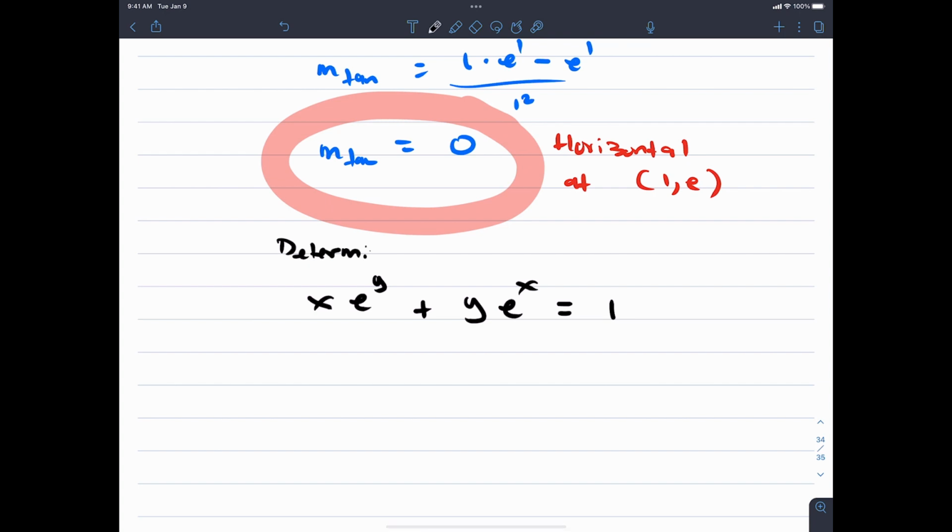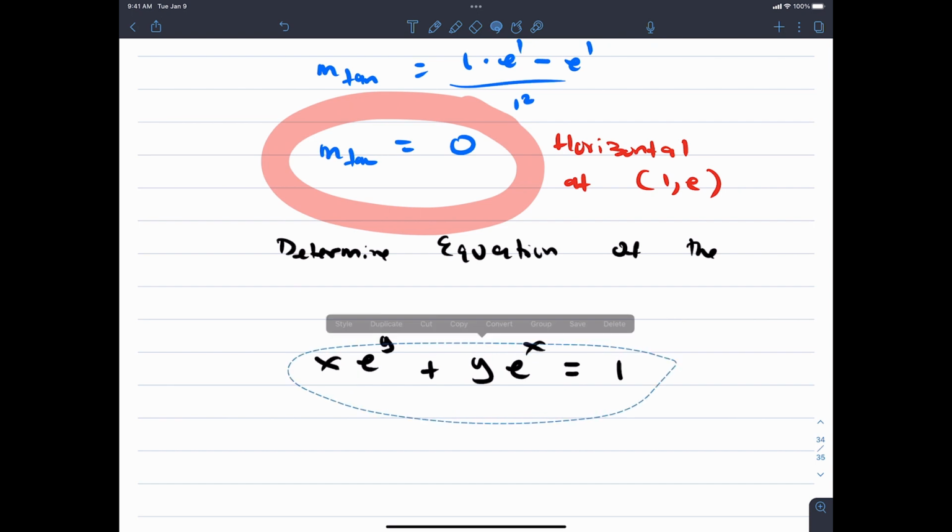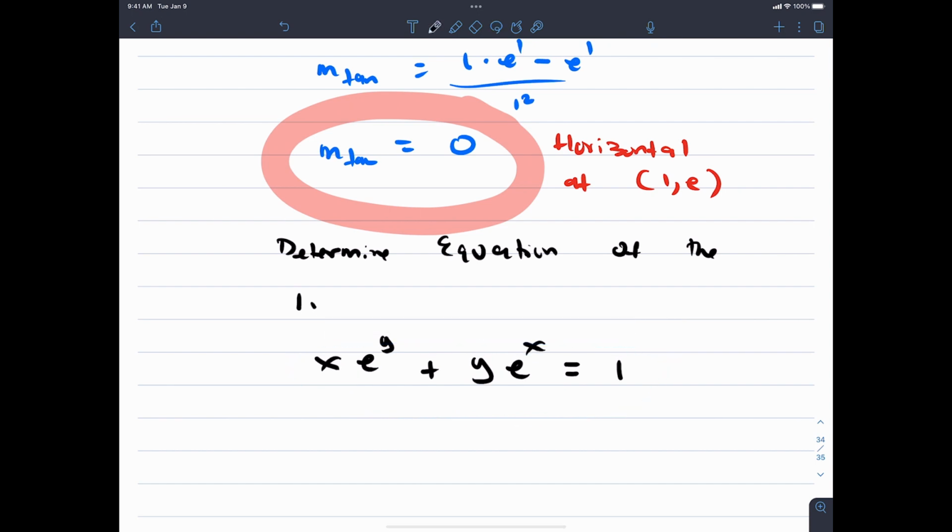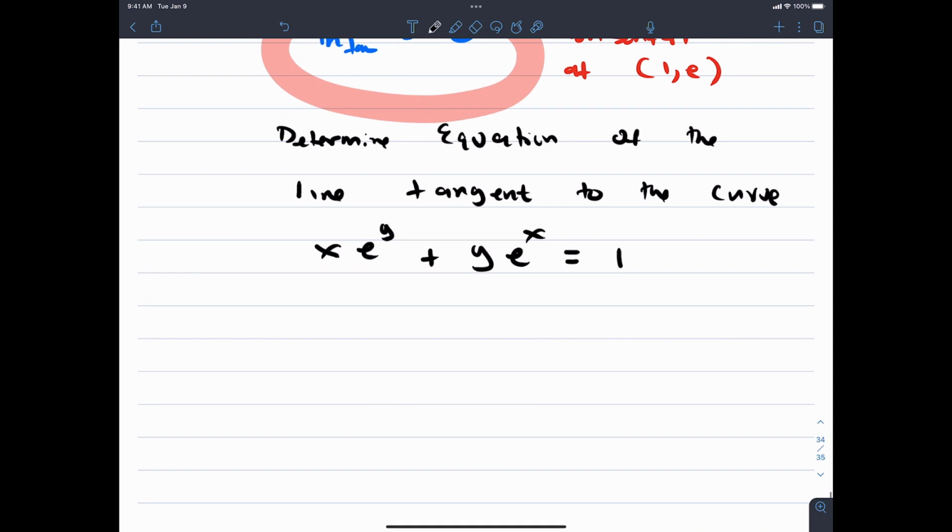Determine, again, the equation of the line tangent to the curve at what location? 0, 1.